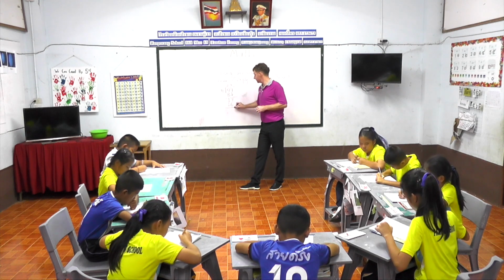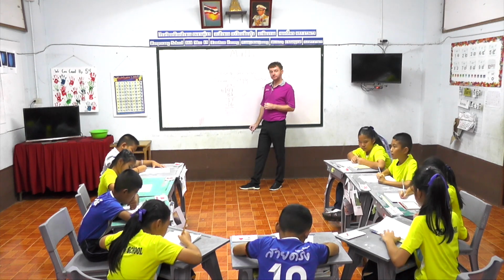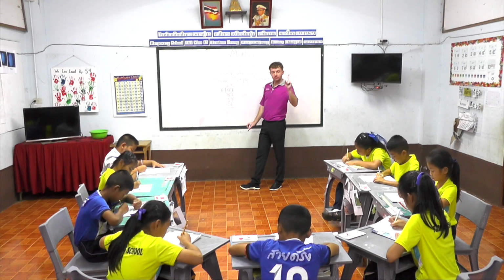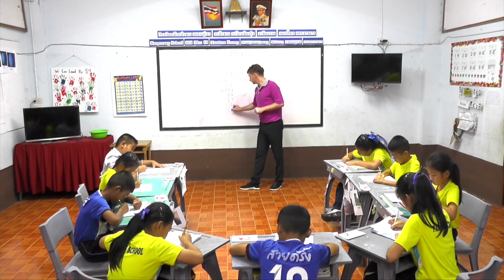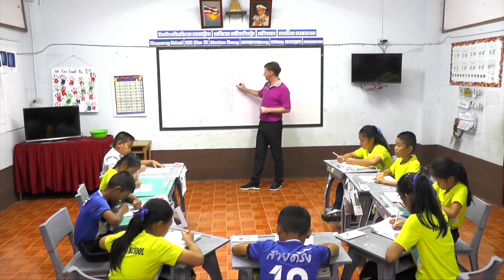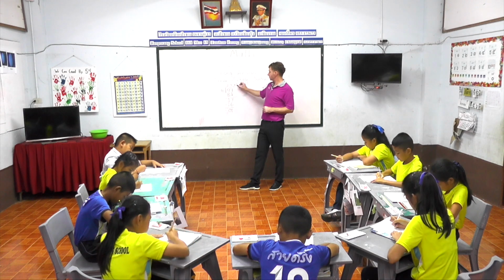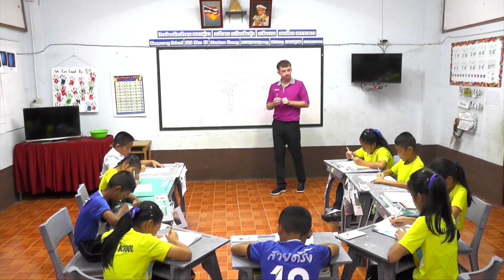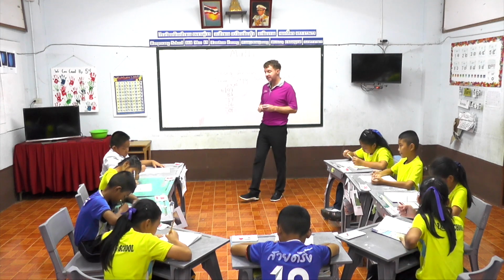So 17 minus 16 equals 1. So our answer, 24, remainder 1. And there's your answer to your first one. Understand that?